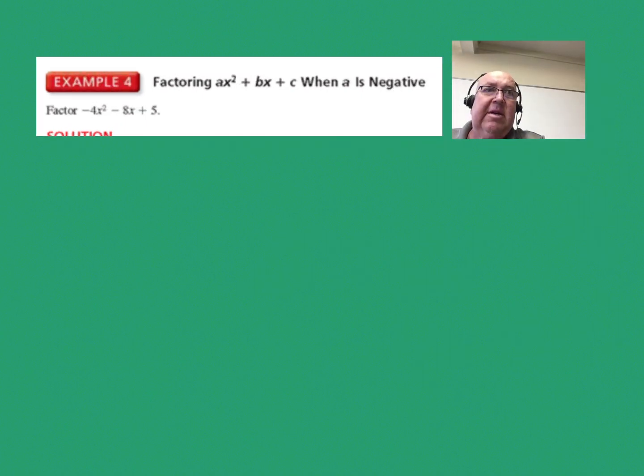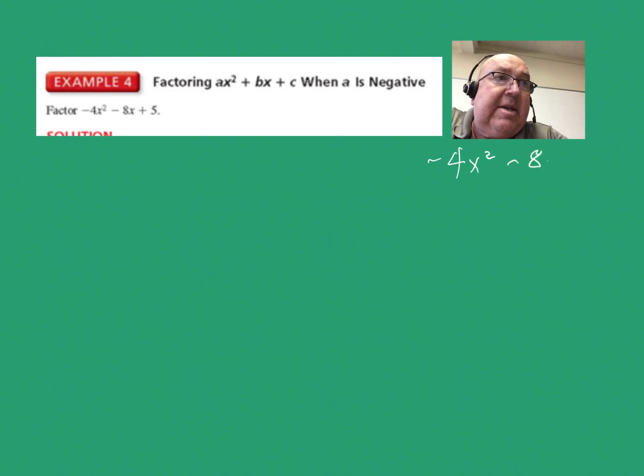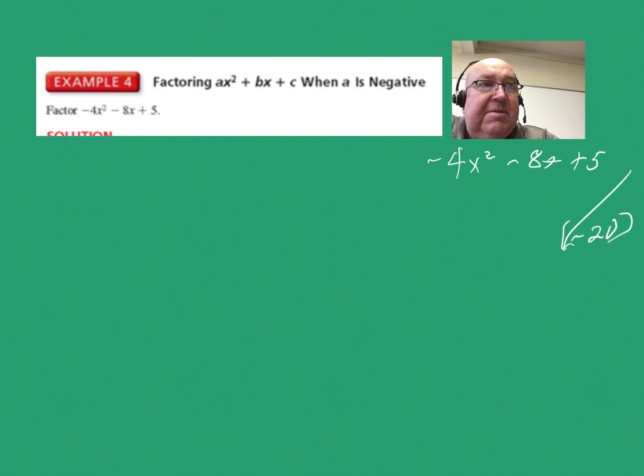Alright, over here, one more problem. We have a negative a, so we're going to do the same thing. Negative 4x squared minus 8x plus 5. Alright, so we're going to do negative 20, and negative 8.